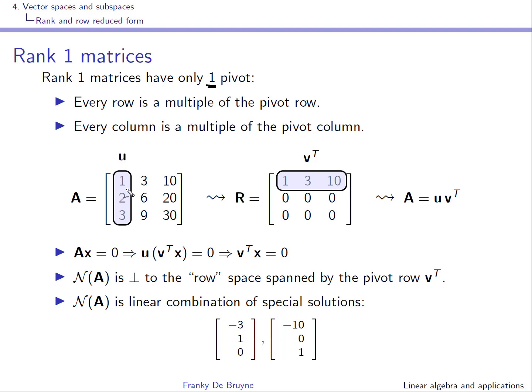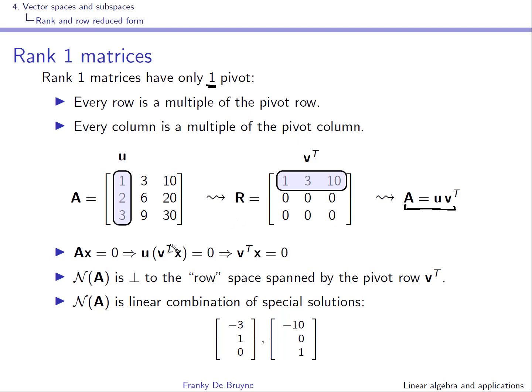This is 3 times the pivot column, and this is 10 times the pivot column. This row is 2 times the pivot row, and this row is 10 times the pivot row. And in this case, we can write the matrix as a product U V transpose. Every rank 1 matrix can be written as the product of a pivot column and a pivot row.